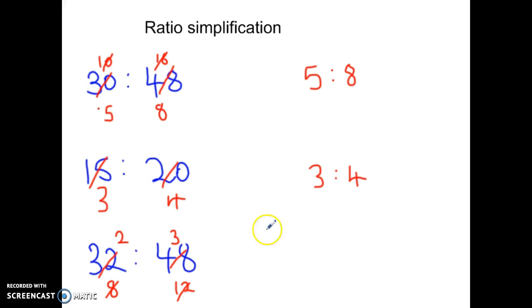And I'm left with 2 to 3. Doesn't matter if you did your steps in a different order, or you did more steps or fewer steps. These are the answers that you would be looking for.